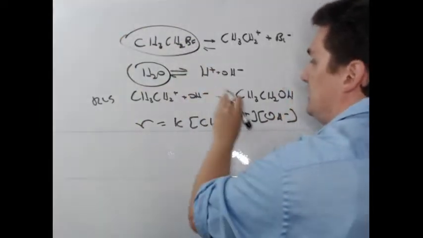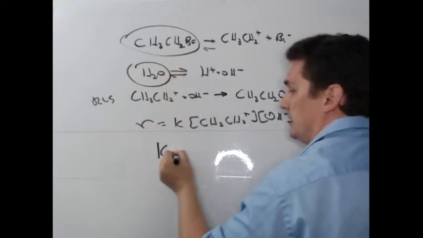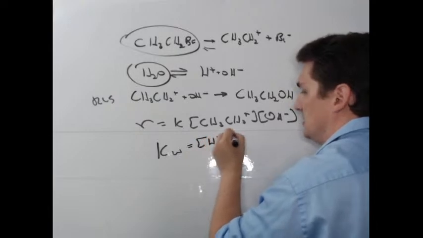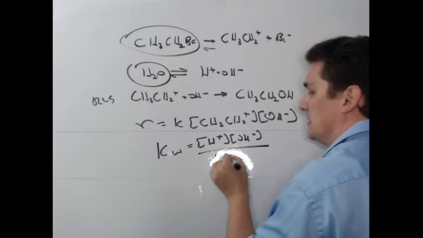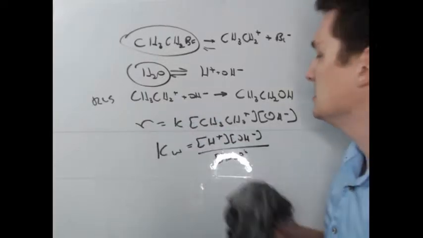Now let's say these reactions are reversible. Well, we know Kw equals the concentration of H+ times OH− over the concentration of H2O. Actually, that's unfair. We know we can measure hydroxide concentration directly.